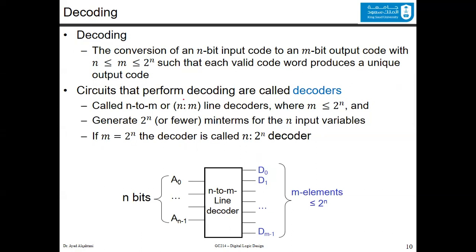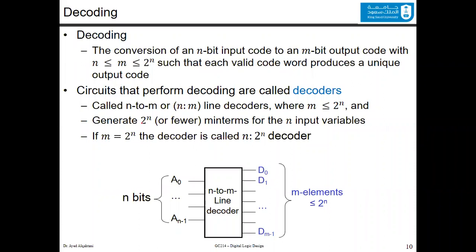The circuits that perform decoding are usually called decoders. They are called n-to-m decoders, or simply n colon m, and we say n-to-m line decoders. And this m, as we said, is less than or equal to 2 to the power of n.